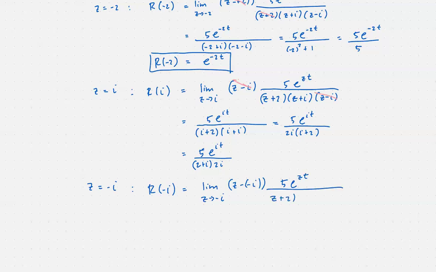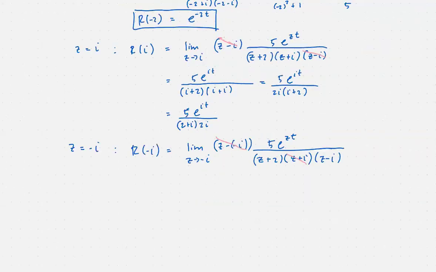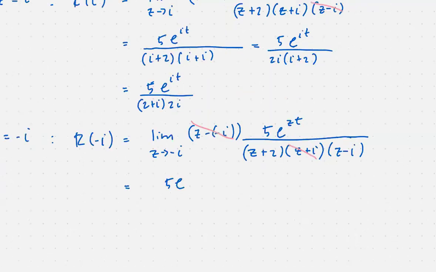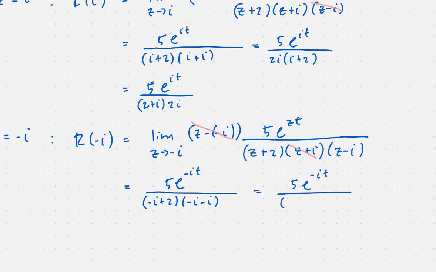So canceling out z plus i, we're gonna have 5e, so substitute negative i, raised to negative it over negative i plus 2 times negative i minus i, which is just 5e raised to negative it over, we can write it as 2 minus i, then times negative 2i.